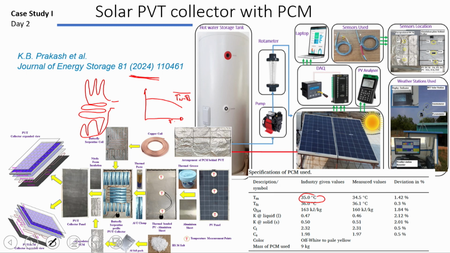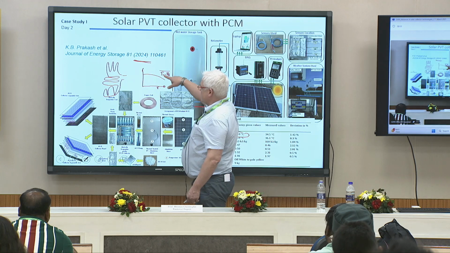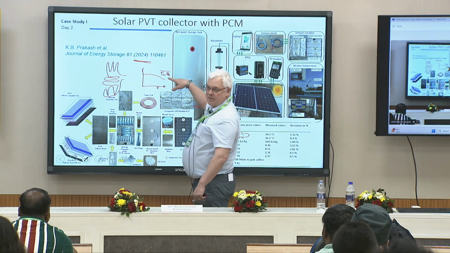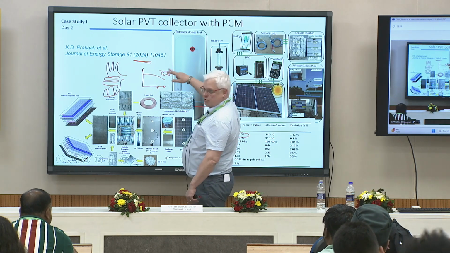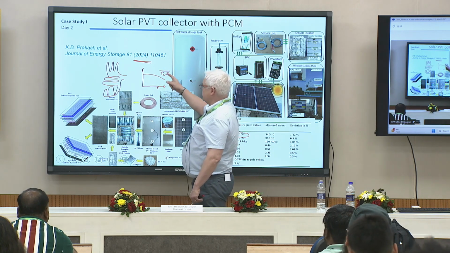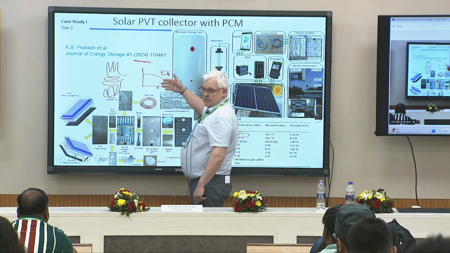So for a flat plate uncovered collector, you have a good efficiency when the water temperature is close to the ambient temperature, because it's a ratio.